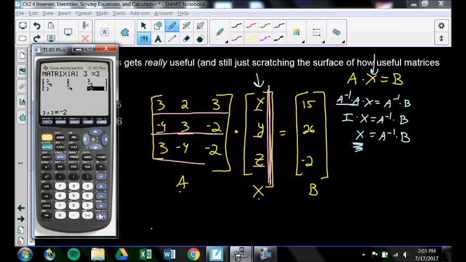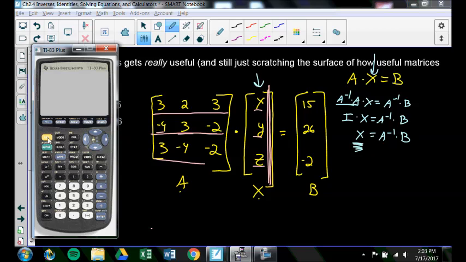Good, there's matrix A. Now I'll quit, second mode is quit. And I'll go back to second, x to the negative 1, and edit matrix B. It's a 3 by 1, and it goes 15, 26, negative 2.